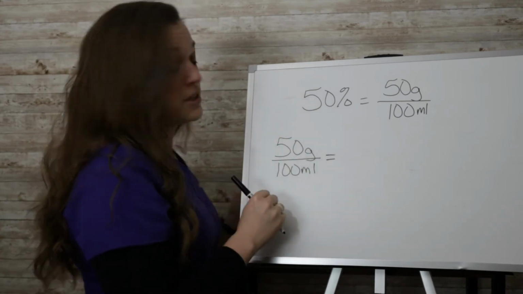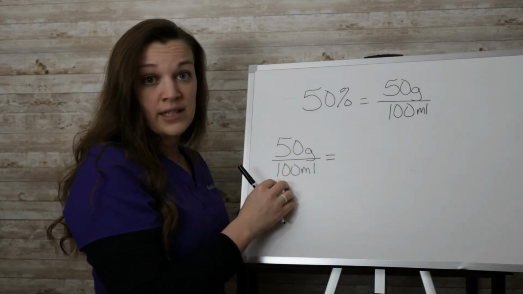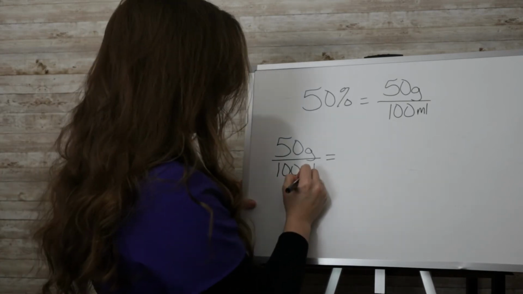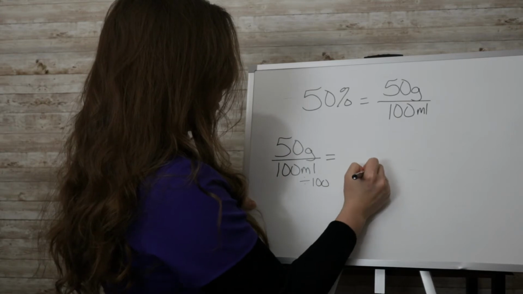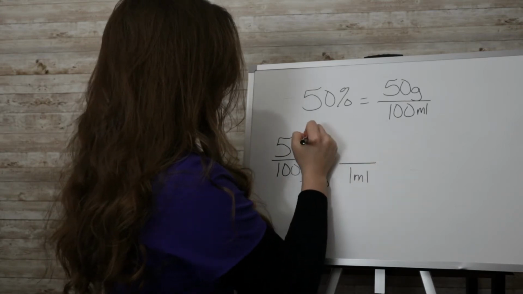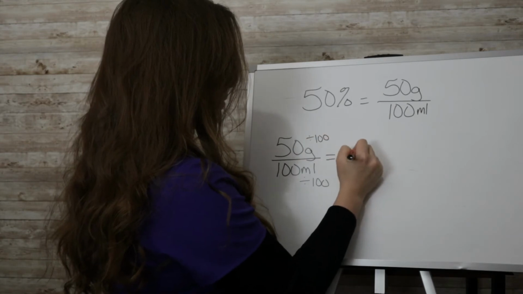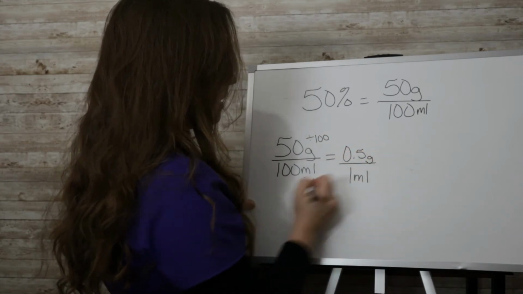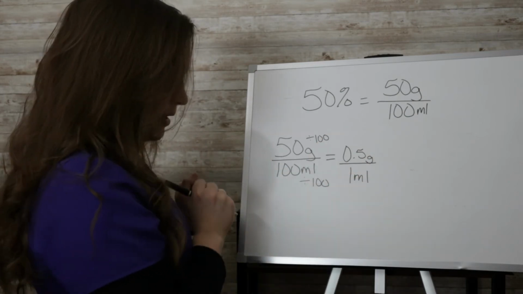Let's get this down into a manageable fraction again. It's got the 100 on the bottom, so let's divide by 100. That gives 1 mil on the bottom and 0.5 grams, so we have 0.5 grams for every 1 mil of the drug.